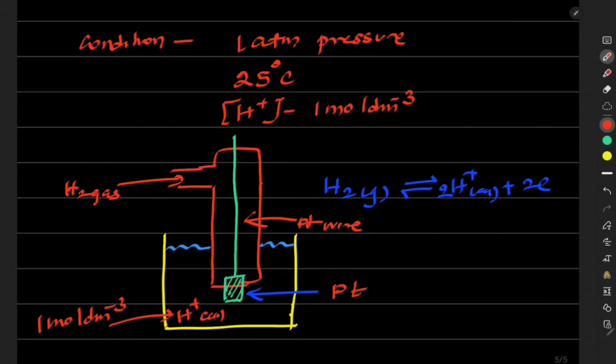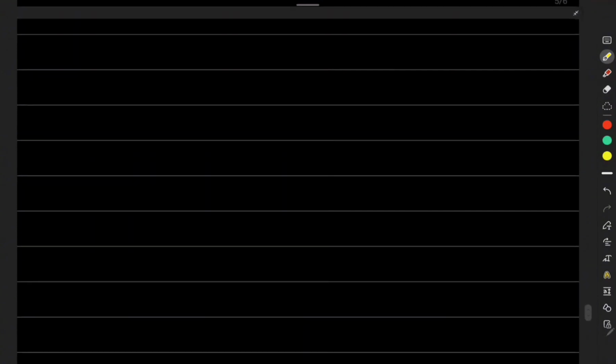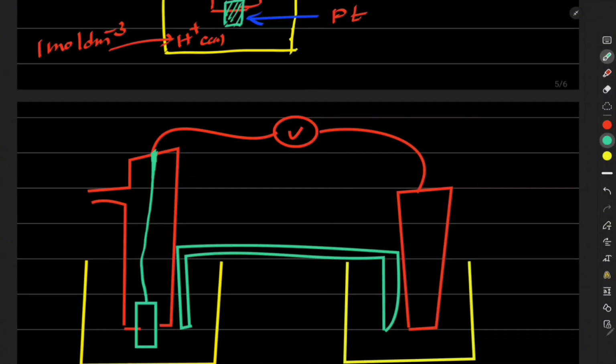Now let's see how we measure the potential of an electrode using the standard hydrogen electrode. Let's draw the cell. This is the structure, and this is a magnesium strip, dipped into a solution.